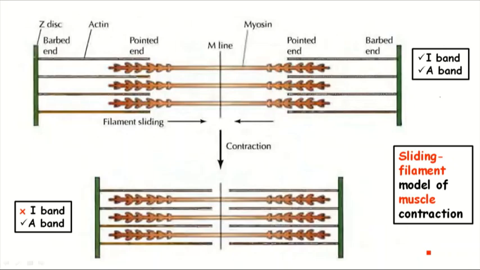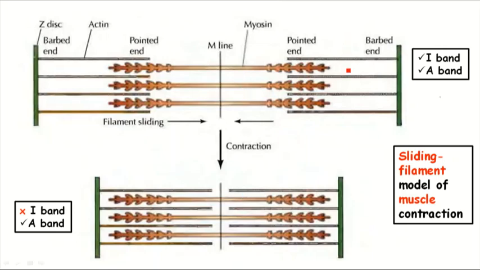So this is the sliding filament model of muscle contraction. Why does this occur? The actin filament or thin filament slides deeper into the A band or dark band. This region is the A band and this region is the I band. See, this is the thin filament or actin which slides deeper into the A band during contraction.